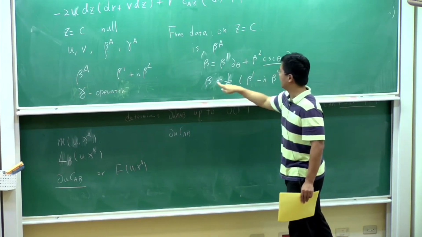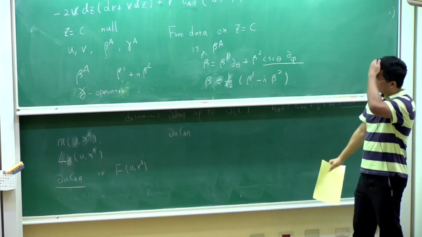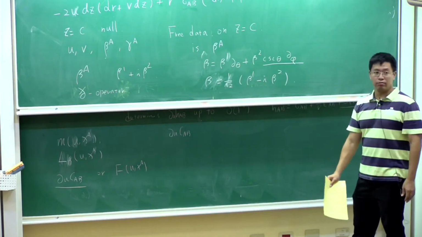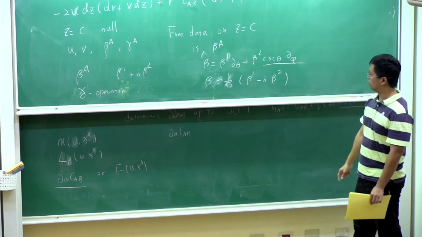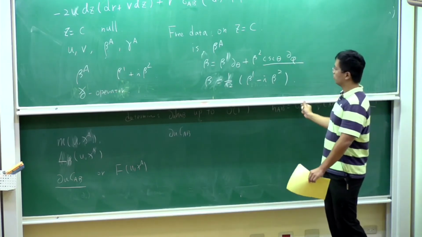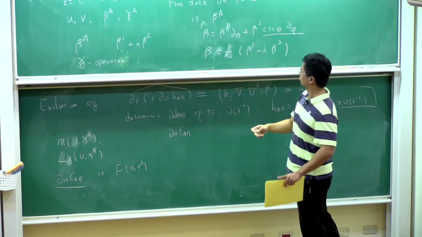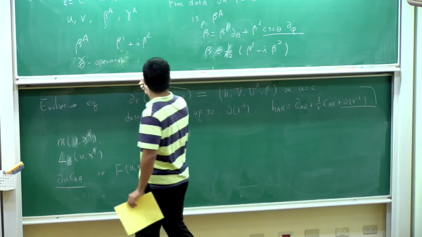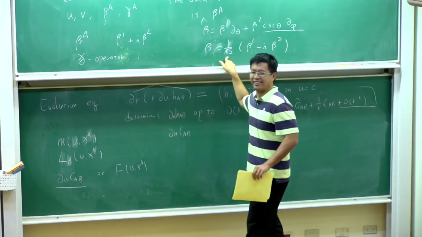Then I write beta as the following complex value function in this orthonormal frame.